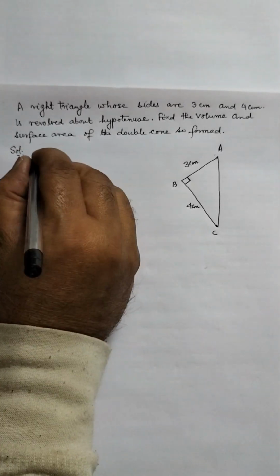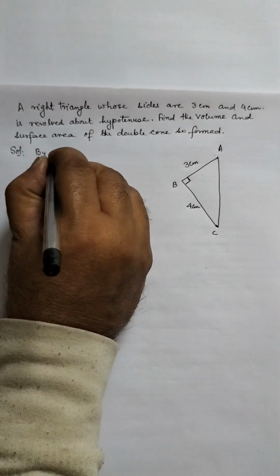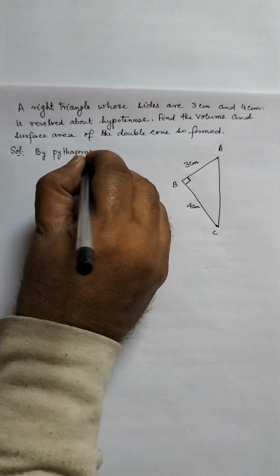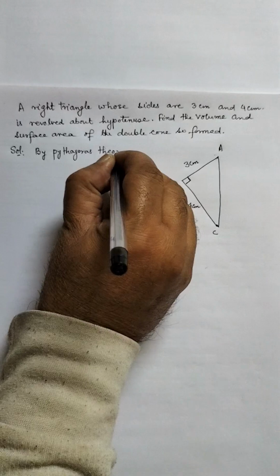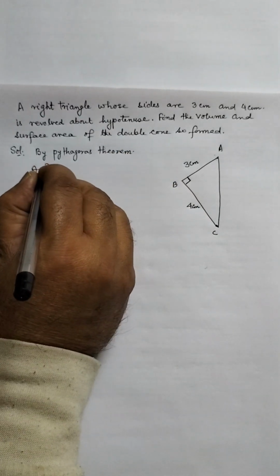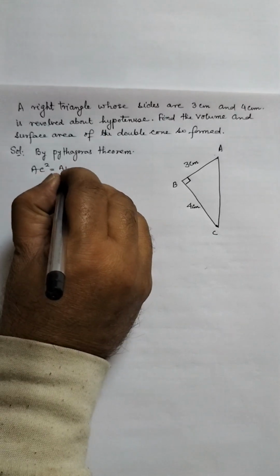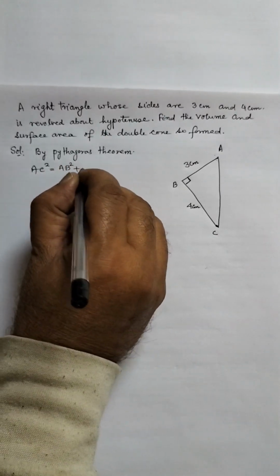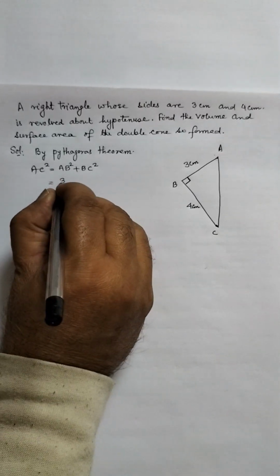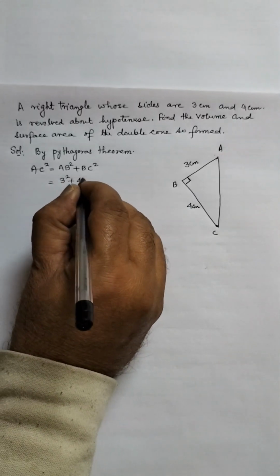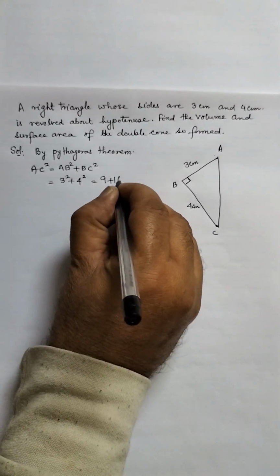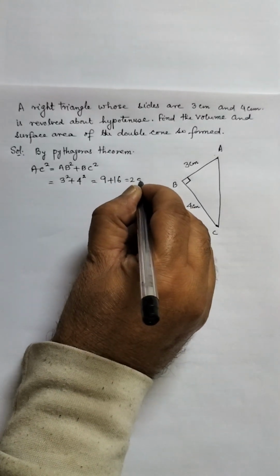Now first, by Pythagoras theorem, we can have AC square is equal to AB square plus BC square, which is nothing but 3 square plus 4 square, that is 9 plus 16 or 25.